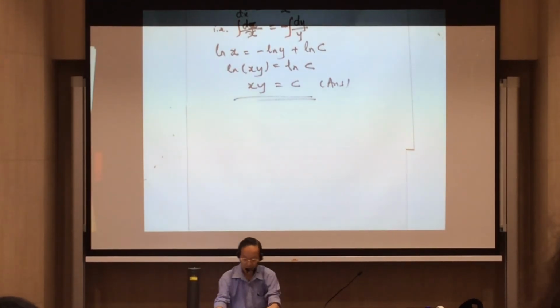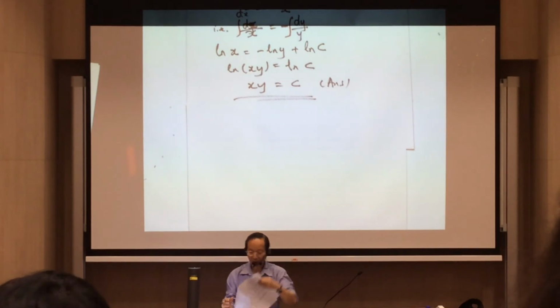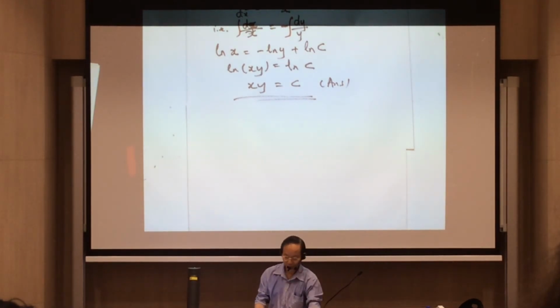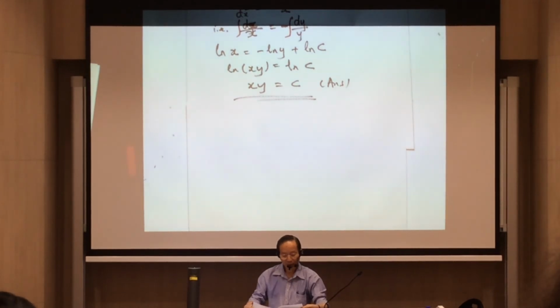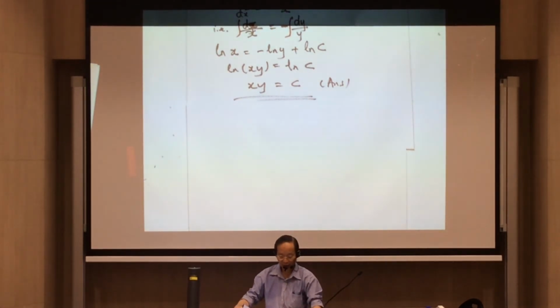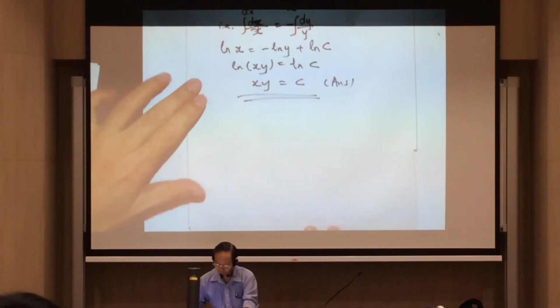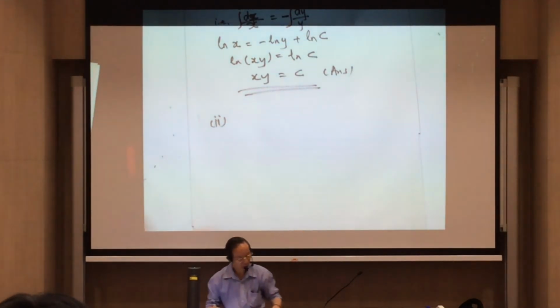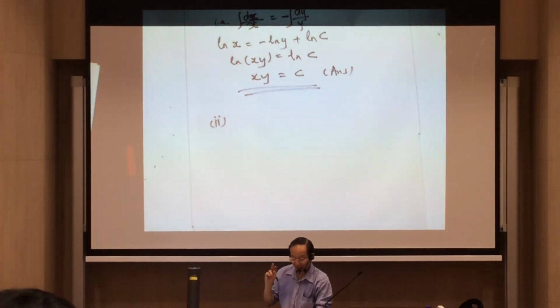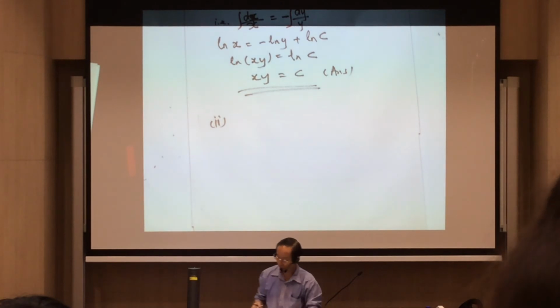So, we got a question again. The question says, we got the equation of the streamline, that's part 1. Part 2 is to sketch some streamlines on an XY plane, both positive and negative domains for them.